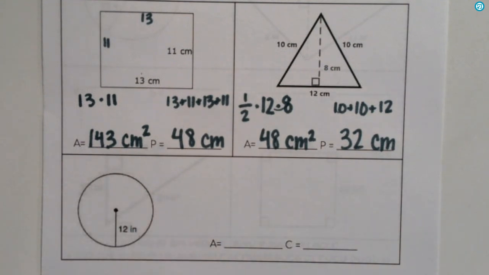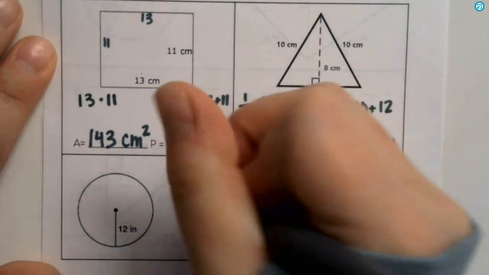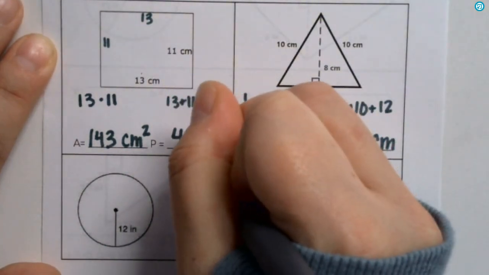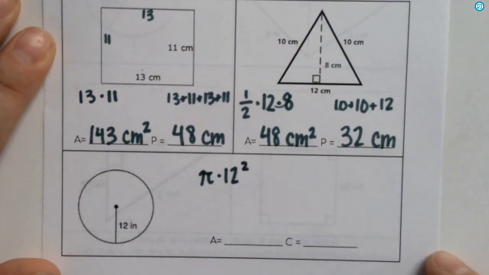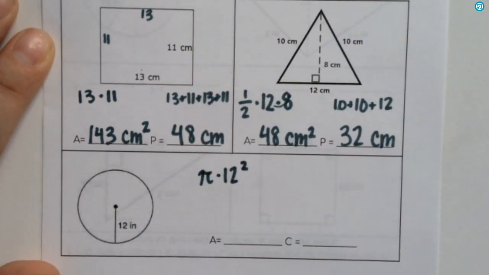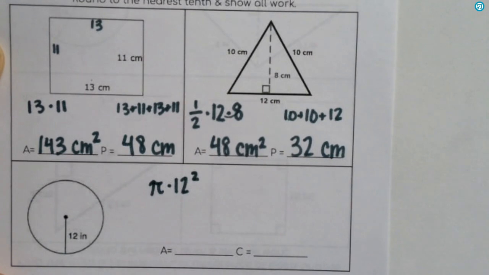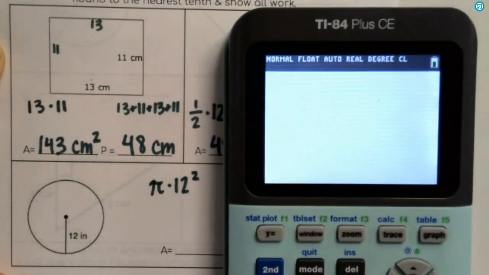So our area is going to be pi times 12 squared. In our calculator, you have to hit the second button, and then pi is the button above the division key. And then we do times 12 squared. Pi r squared.